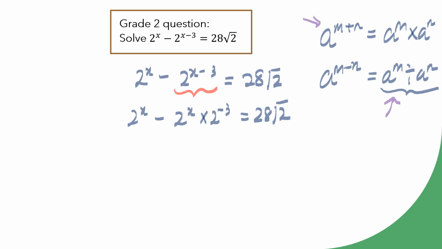All right, so if you look at this question here, if you want, you can use substitution, or otherwise you can use factorization. Why factorization? Because you can see that there's a common factor there. 2 to the power x will be a common factor, where you can just factorize it out.